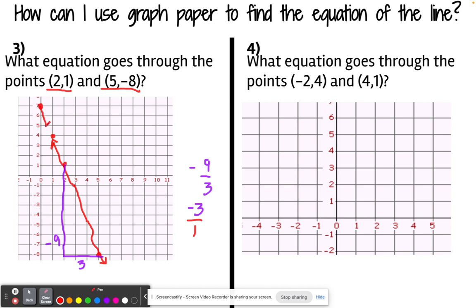So if I continue my line, my y-intercept is at 7. Should be a 7. So my equation, my line, will then be y equals negative 3x plus 7.